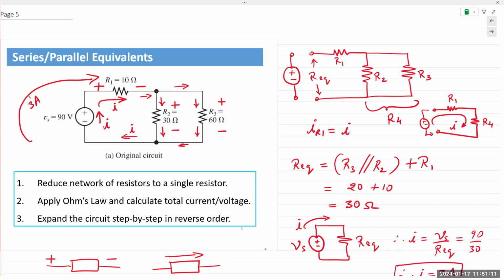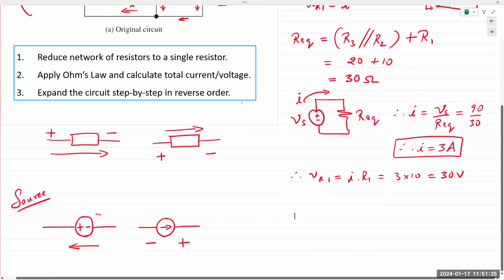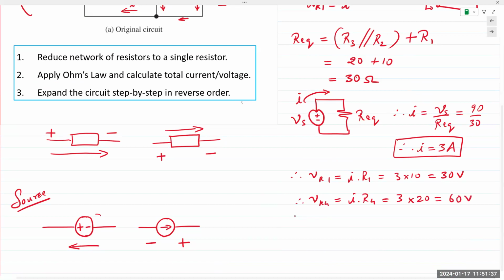So the same current I is flowing through that parallel combination. We see it as one. We calculate it as one single resistor. We apply Ohm's law again, and we can find the voltage across R4 as I times R4. 3 into, what was it, 20? 60 volts.